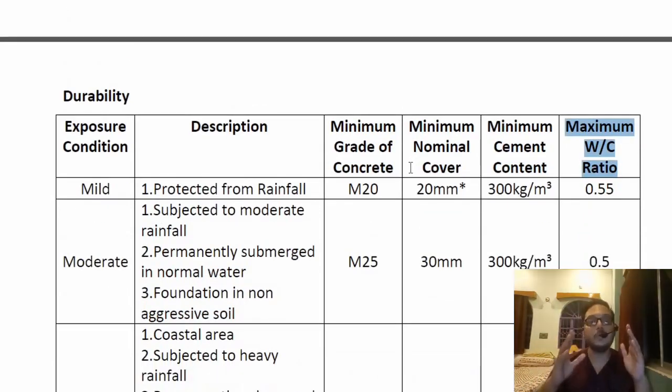If you don't know, the nominal cover is the extra amount of concrete provided over the reinforcement or the dimension of the concrete.